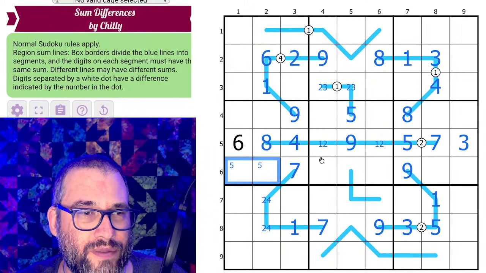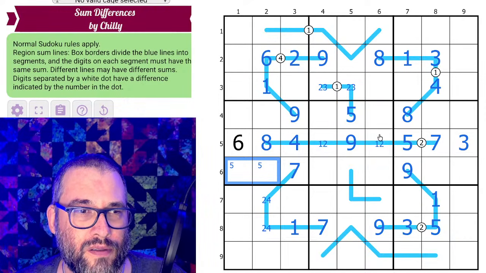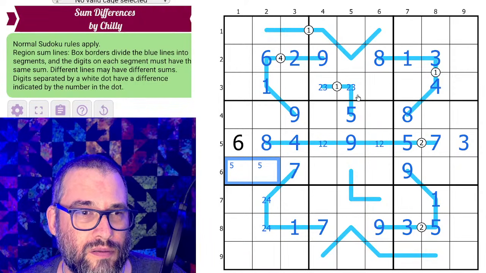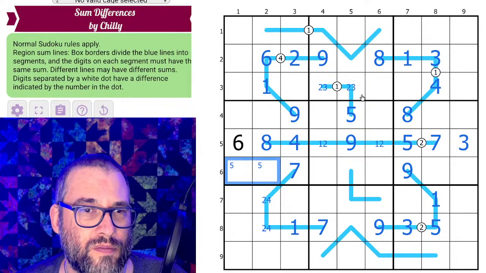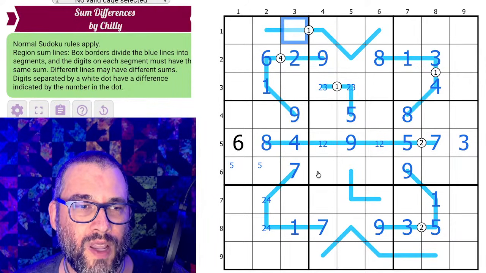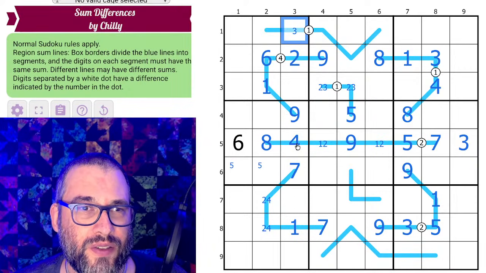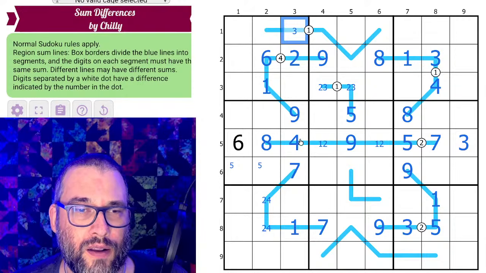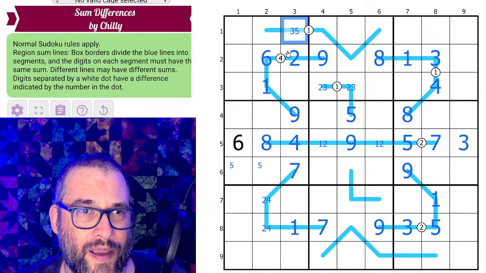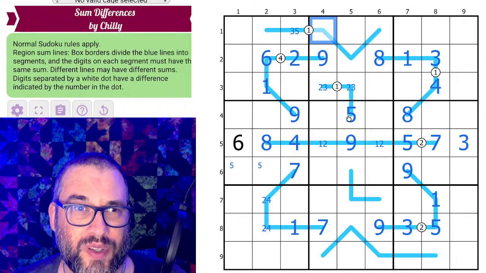This is a 5 down here. If we're looking at what these can be, it sees 1, 2, doesn't see 3, sees 4, doesn't see 5, sees 6, 7, and 9, but 8 can't go here because this can't be 7 or 9.